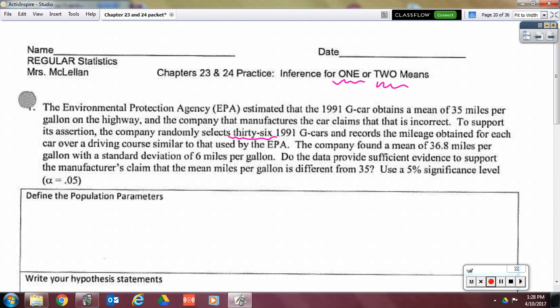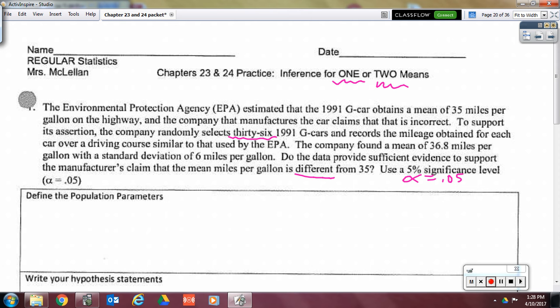The company found a mean of 36.8 miles per gallon with a standard deviation of 6 miles per gallon. Does the data provide sufficient evidence to support the manufacturer's claim that the average miles per gallon is different from 35? Use a 5% significance level, so that means alpha is 0.05.